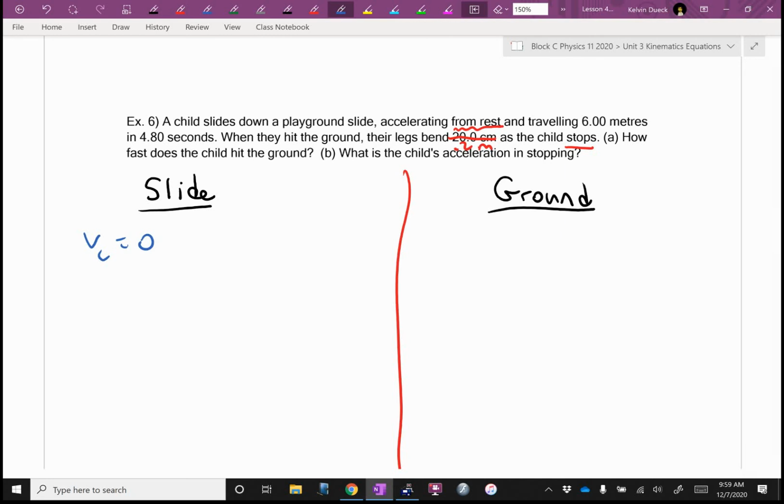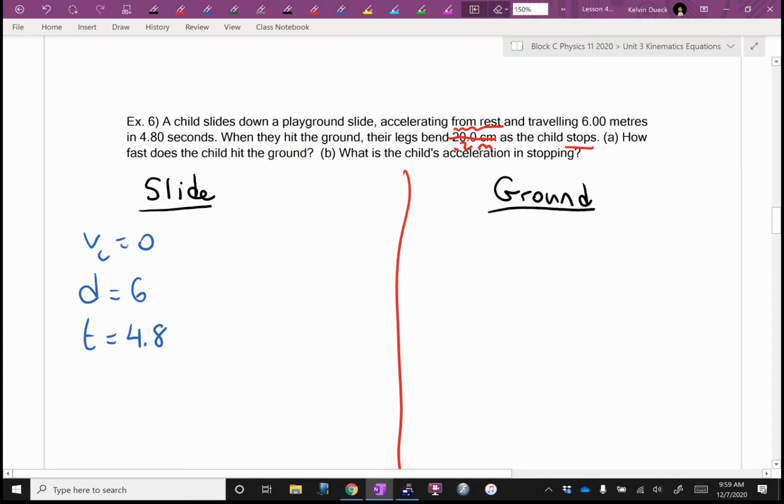Traveling 6 meters, is that 6 meters on the slide or on the ground? 4.8 seconds, that's a time. On the slide or on the ground? Yes. I already noticed under the slide column, I know 3 things. I can find 4 or 5.